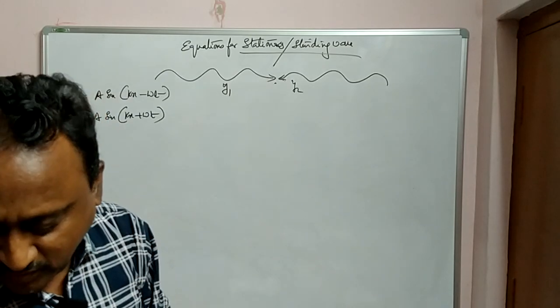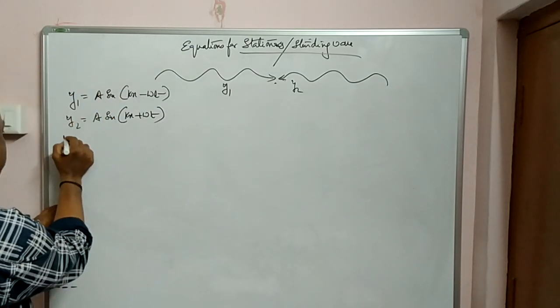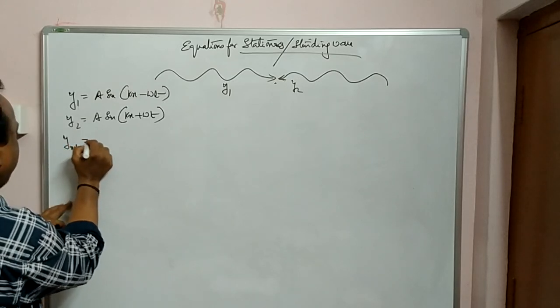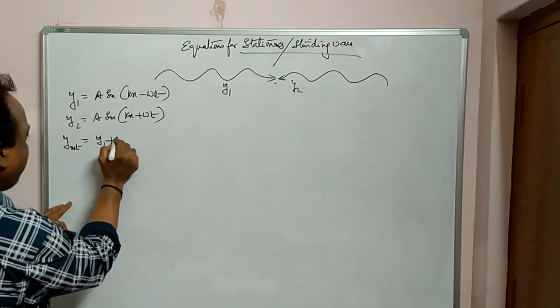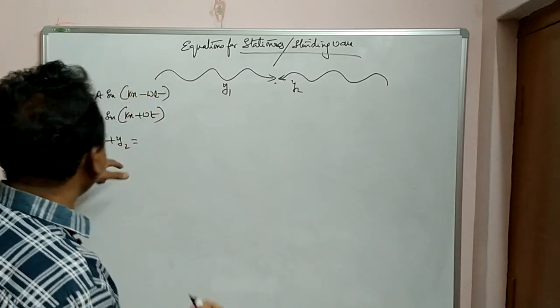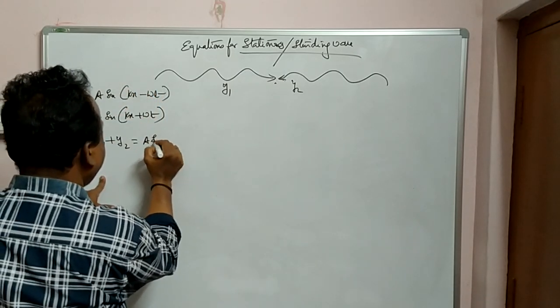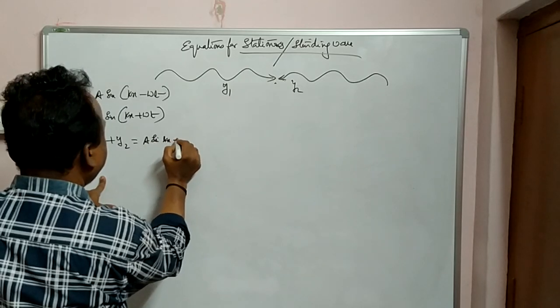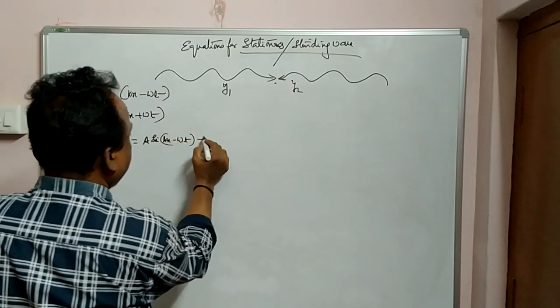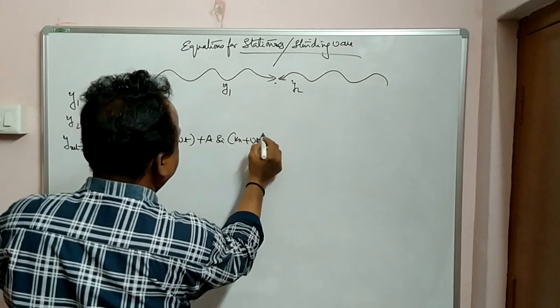ఇలా సూపర్ ఇంపోజ్ అవుతున్నప్పుడు మనకి what is the resultant you are getting? We'll see by using the principle of superposition. Y net is equal to y1 plus y2, by using the principle of superposition, adding both these waves. ఏమవుతుంది? A sin kx minus omega t plus A sin kx plus omega t.